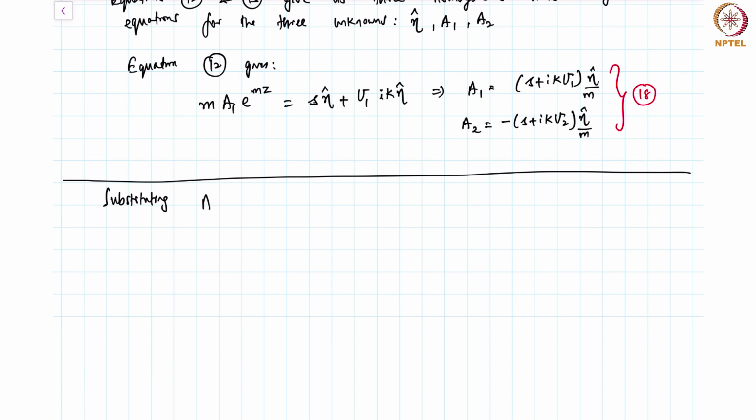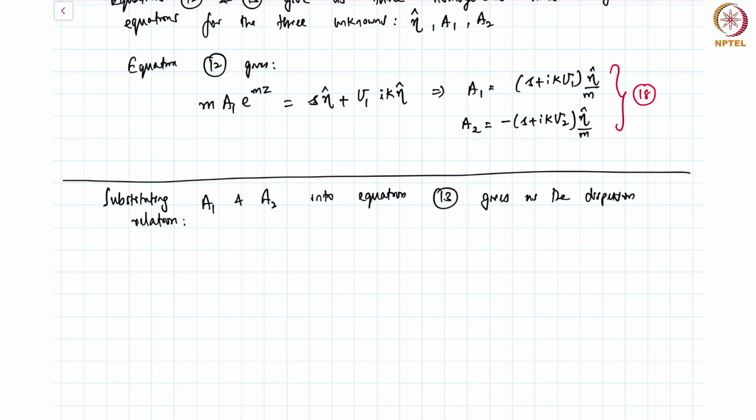Substituting A1 and A2 into equation 13 gives us the dispersion relation, that is, s as a function of k and l.